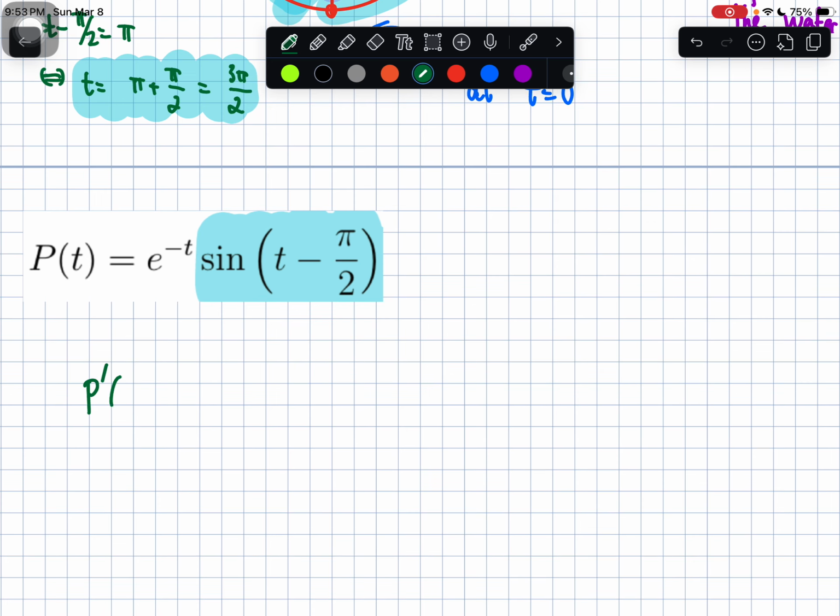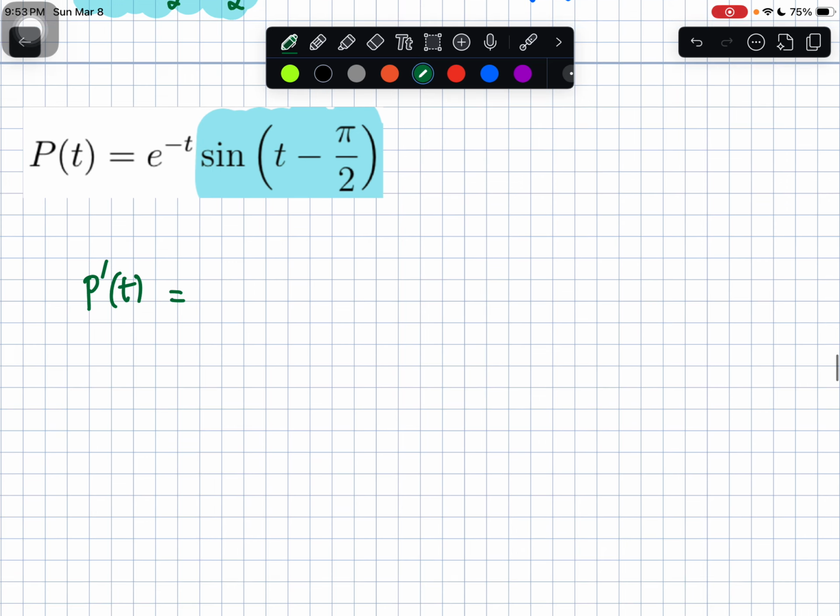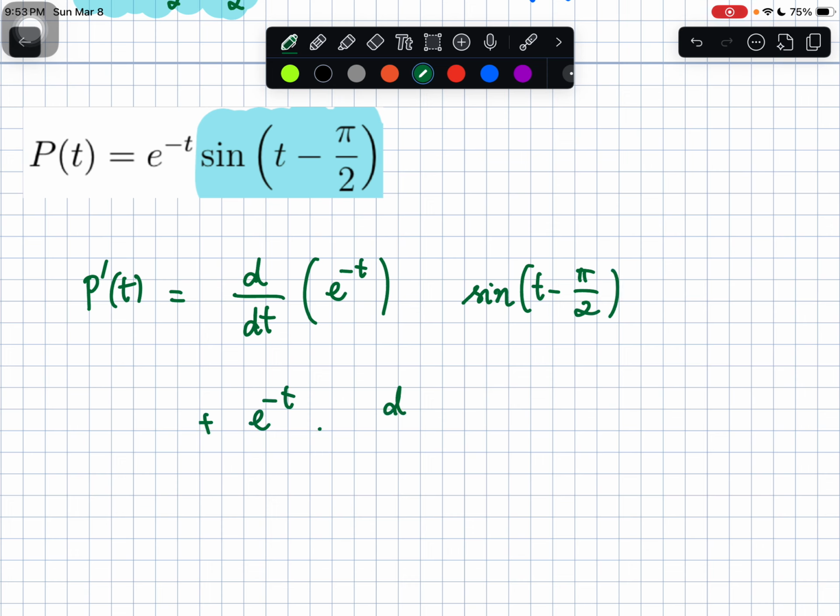P prime of t. We need to use the product rule. Let me do it slowly. The derivative of e to the minus t times the second term, sine of t minus pi over 2, plus e to the minus t times the derivative of the second term.